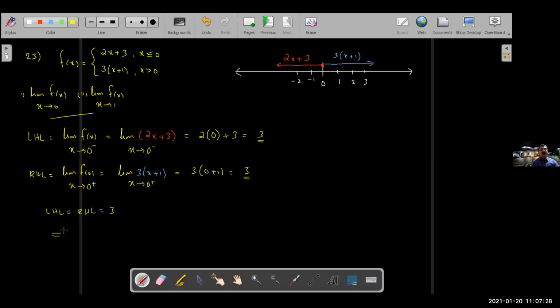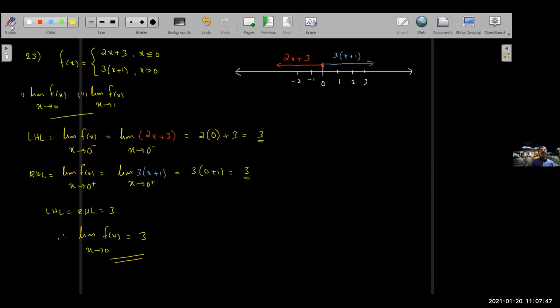This implies, therefore, this limit x tends to 0 f(x) will be 3, because left hand limit and right hand limit exist.